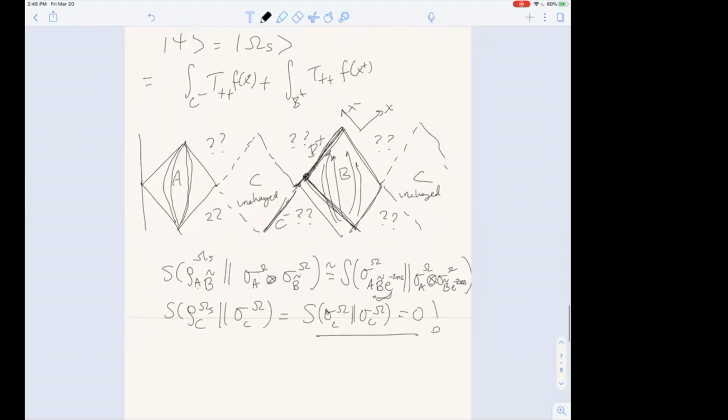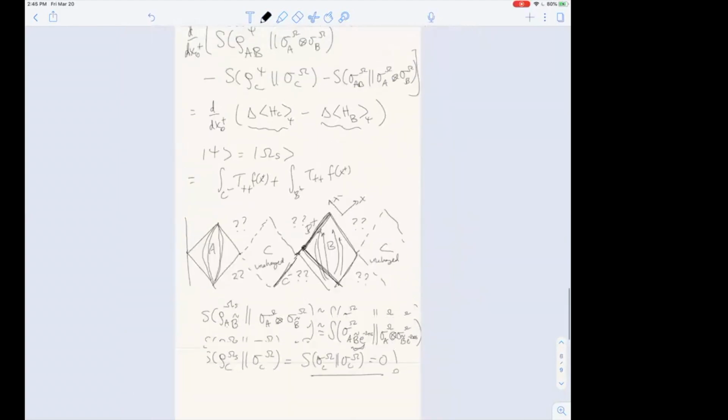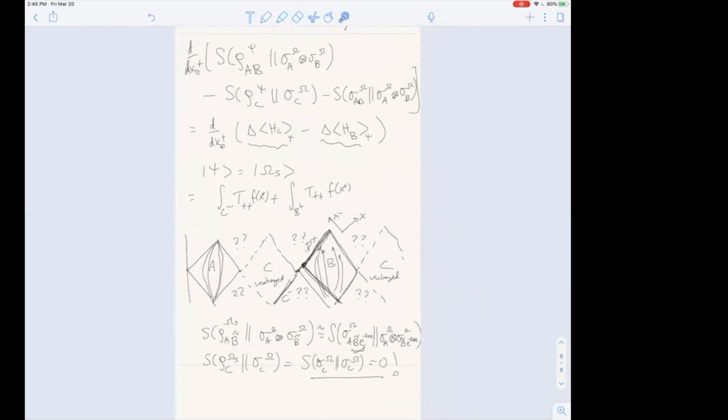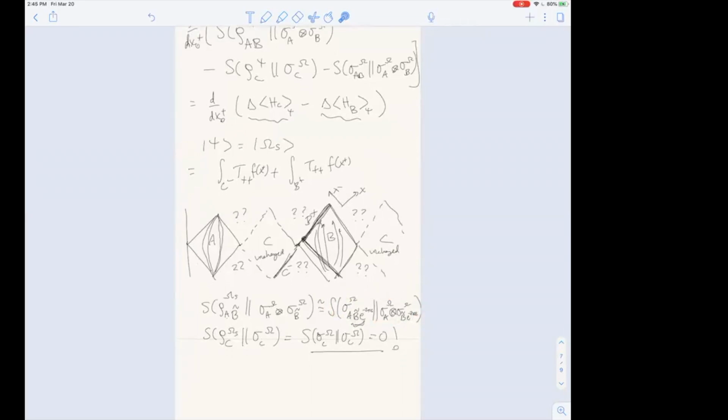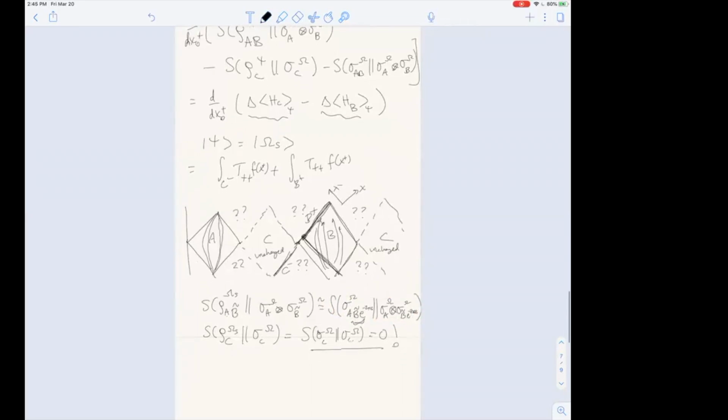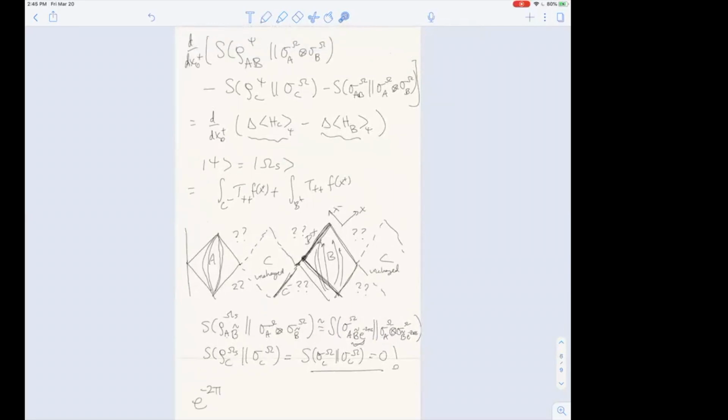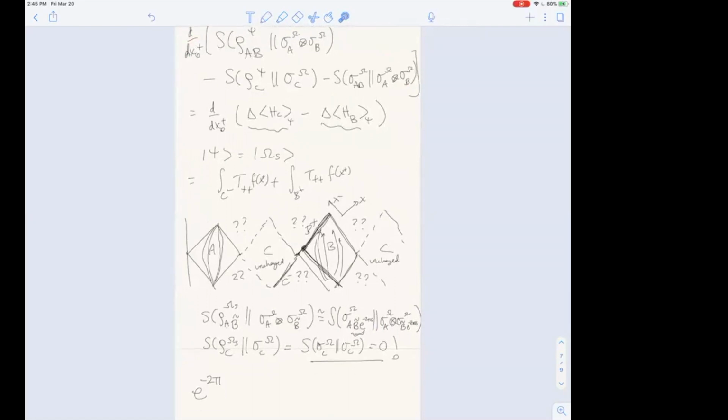And so if I go back up to this sum rule, this term drops out, and this term has a nice form in terms of vacuum mutual informations between different regions. Okay, and when all the dust settles, what I end up with is the following answer: that this whole side of this equation just becomes e to the minus 2 pi s times a null derivative of the mutual information between A and B.